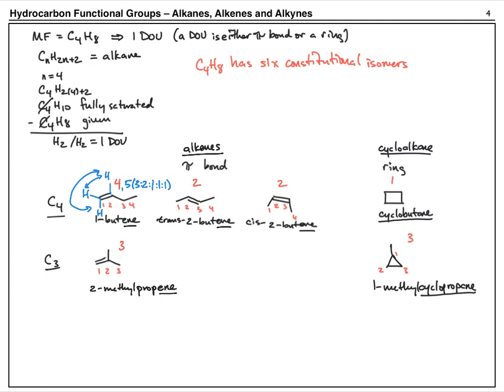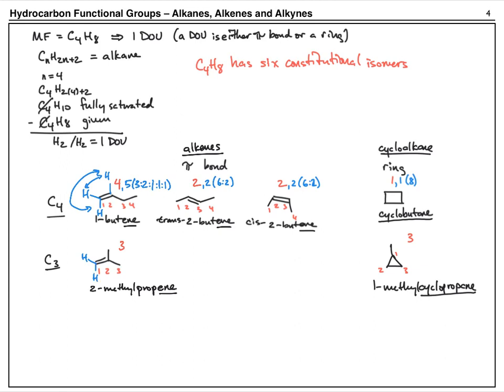Trans 2-butene, we have 2 unique types of H in a ratio of 6 to 2. The same thing for cis 2-butene. For cyclobutane, the ratio is 1 and the total is 8. For 2-methylpropene, let me draw these hydrogens in.